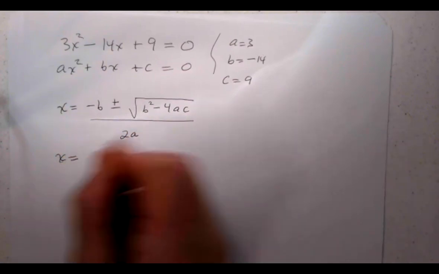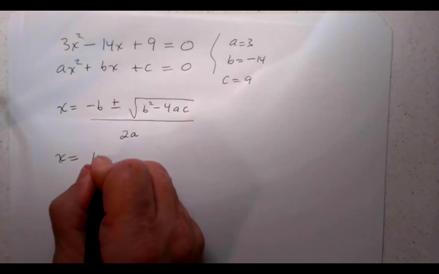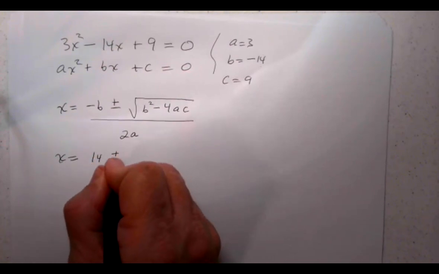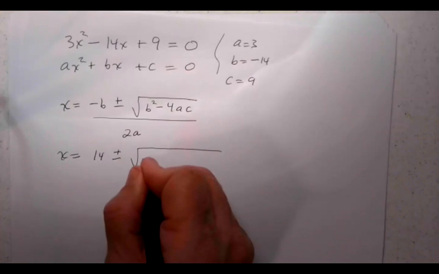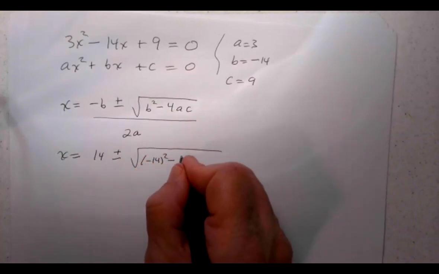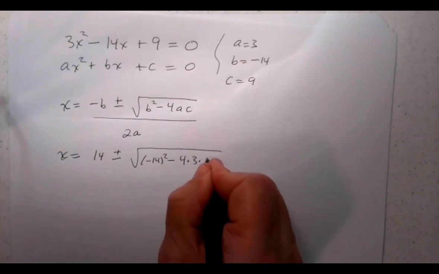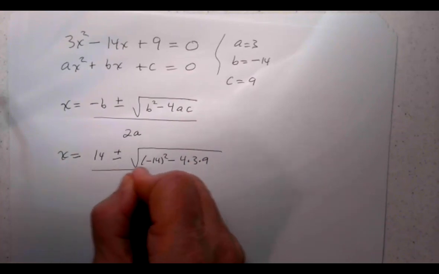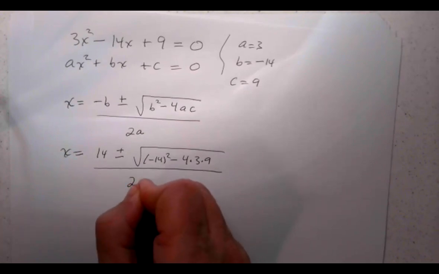So x is the negative of negative 14, which is positive 14, plus or minus the square root of negative 14 squared, minus 4 times a times c, 4 times 3 times 9, all over 2a, all over 2 times 3.